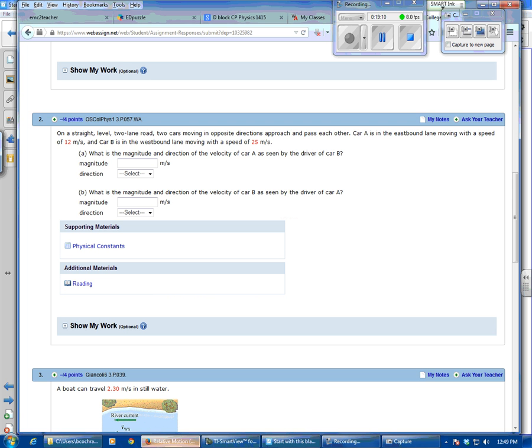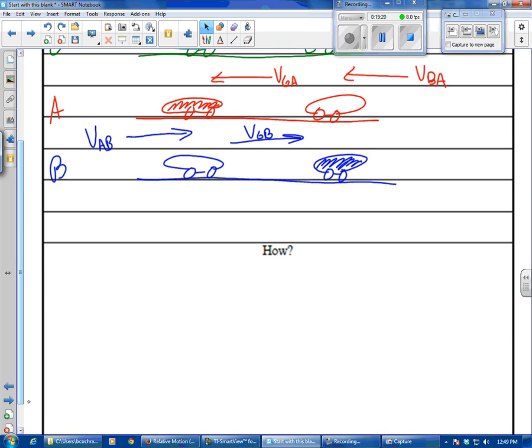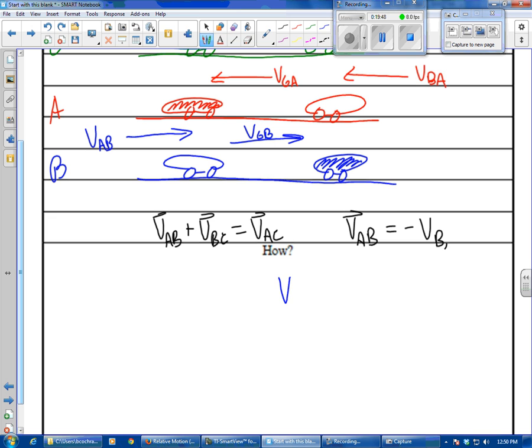So now let's see what they ask us. What is the magnitude and direction of the velocity of car A as seen by the driver of car B? So we're in the reference frame of B now, blue reference frame, and remember, our equations here are velocity of AB plus velocity of BC equals velocity of AC, and we've got that velocity of AB equals the negative of velocity BA.